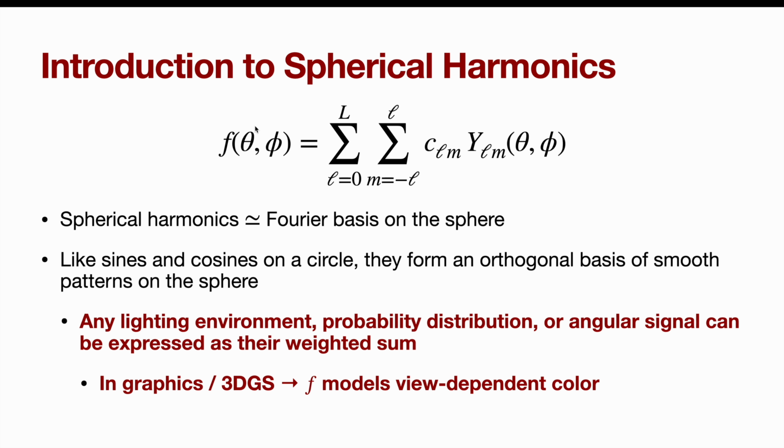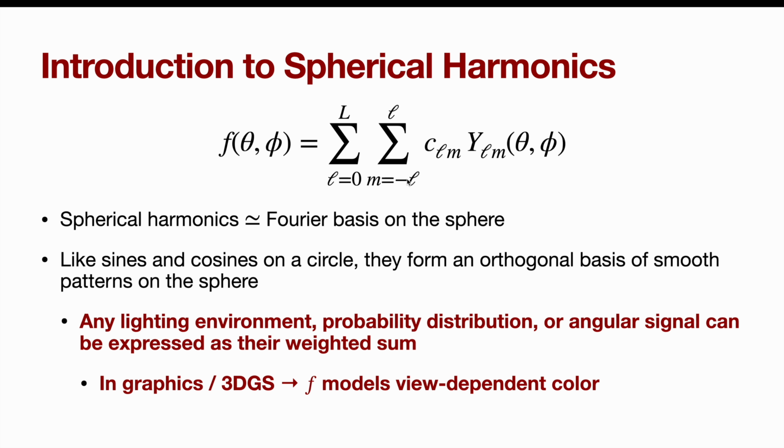By combining them, by weighting them with this coefficient C_lm, which I'm going to define more clearly in the next slide, you can model very complex functions on the sphere.